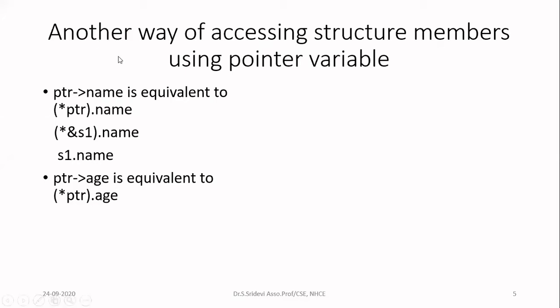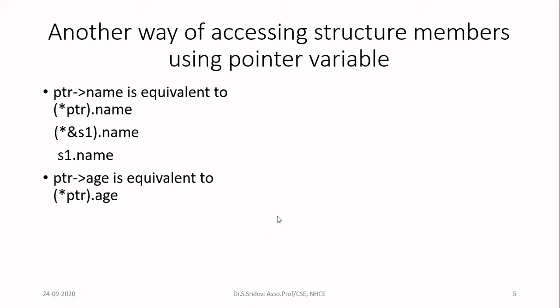For that only they have introduced this arrow operator. So don't go for this method, but you should know that this is also correct. With this method also you can access the members of a structure. But always go for PTR arrow name. Now, if I want to access the age with the help of PTR, I can give PTR arrow age, or otherwise within parenthesis star PTR dot age. Both the methods are correct.